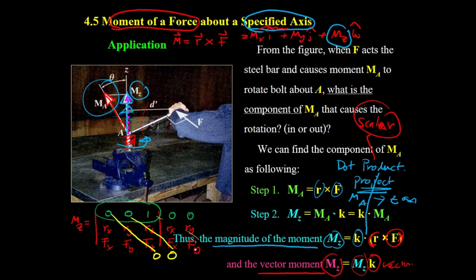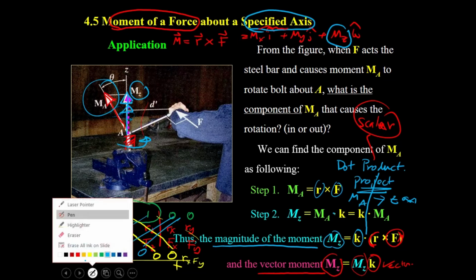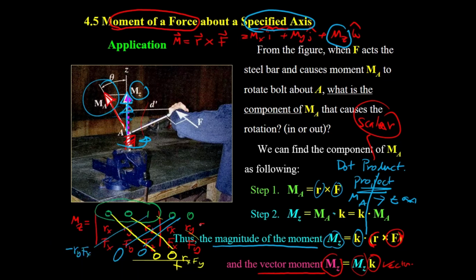You multiply this one, so you get R sub X, F sub Y, and it is going to be positive. If you multiply in this direction, you get minus R sub Y, F sub X. And for this one, 0 and 0. At the end, the result is R sub X, F sub Y minus R sub Y, F sub X.